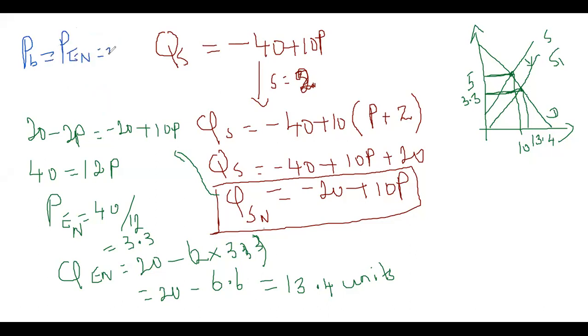Therefore, it will be 3.3. Then seller's price is PB plus S, that is 3.3 plus the unit subsidy, which is 2, therefore it is 5.3. Understood? Buyer's price is 3.3 and seller's price is 5.3.